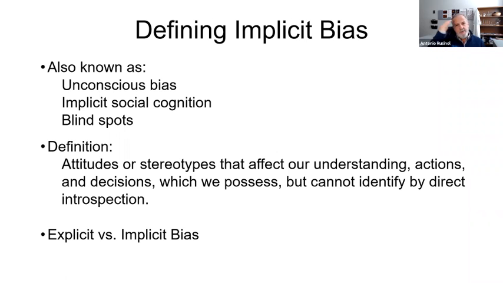So if I think, okay, what biases do I have? What preferences or dislikes do I have? I have quite a bit. Those are explicit biases, things that you can think that you have, and you act on those biases. Whereas with unconscious biases, you are not aware.